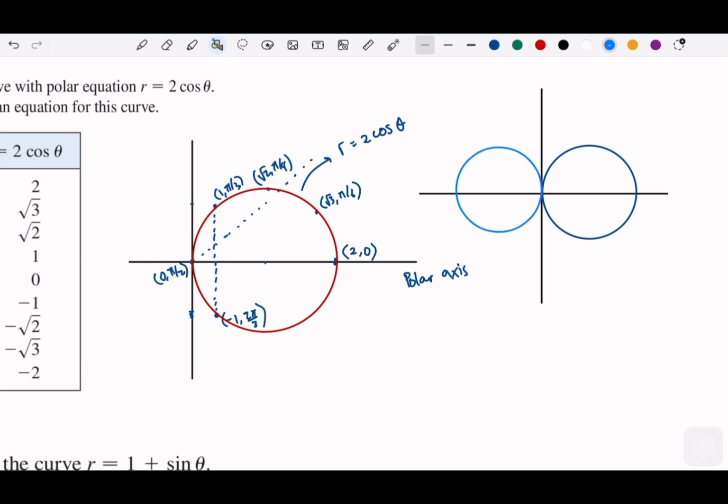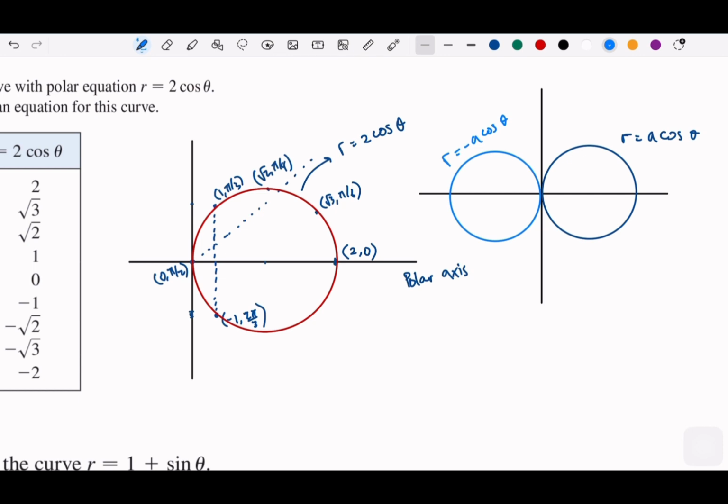So this is r = a cosine theta, where a is any constant. And this will be r = negative a cosine theta. So a cosine theta here, the negative one will be here.